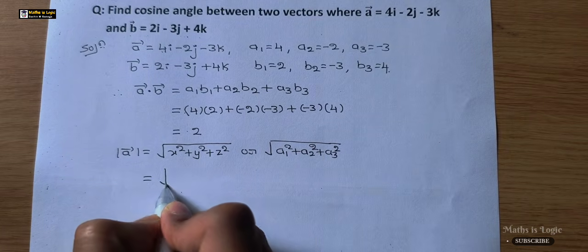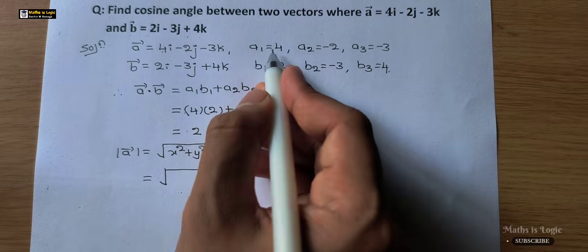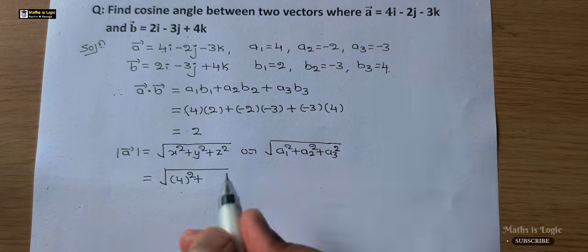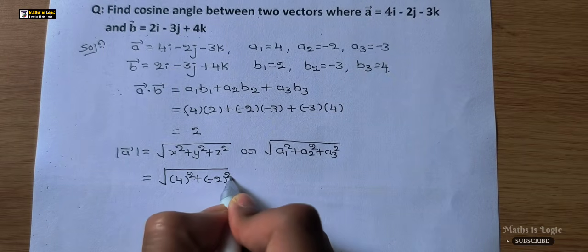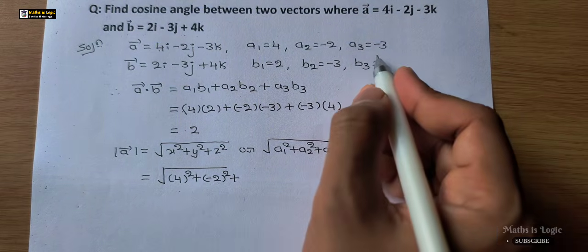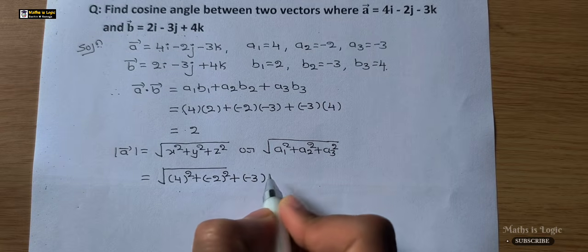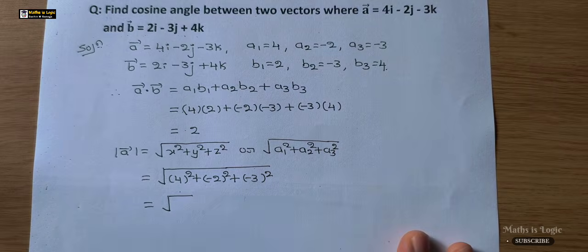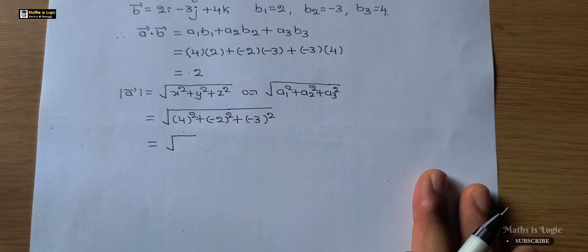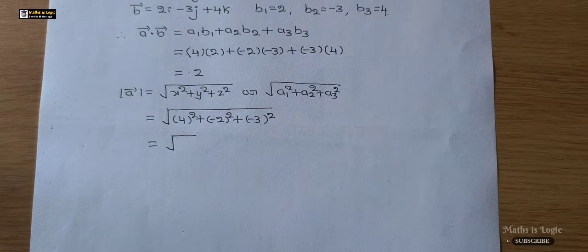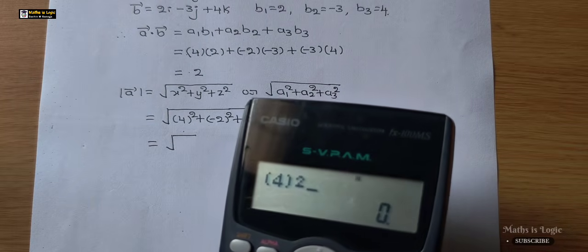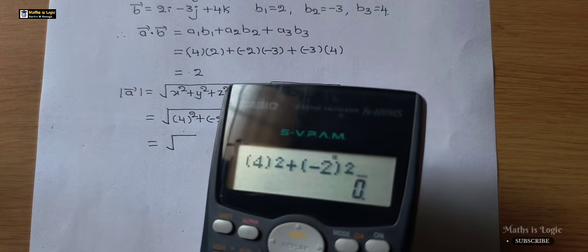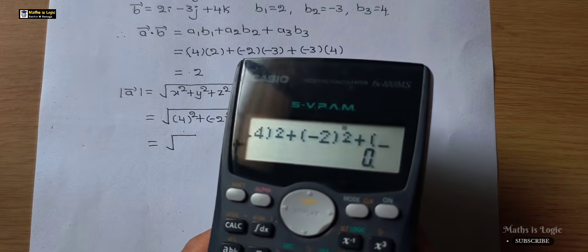So which is equals to square root, x means A1 4 square plus y means A2 minus 2, minus 2 square, plus z means A3, that is minus 3 square. So which is equals to, again square root, keep it as it is. Therefore, first 4 square plus minus 2 square plus minus 3 square.